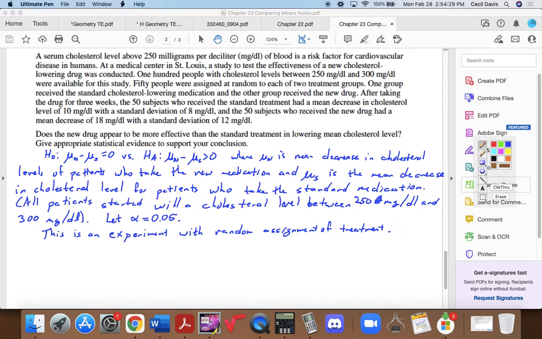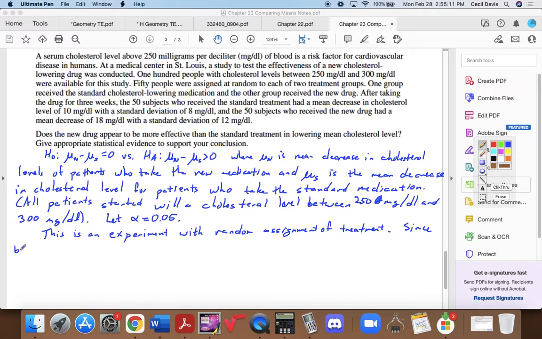And we also need to know that we're going to have a sampling distribution that's nearly normal. How do we know that that's going to happen in this case? We can't look at a histogram because we don't have the raw data. But remember, once you get above 30, we can assume that our sampling distributions are going to be nearly normal.